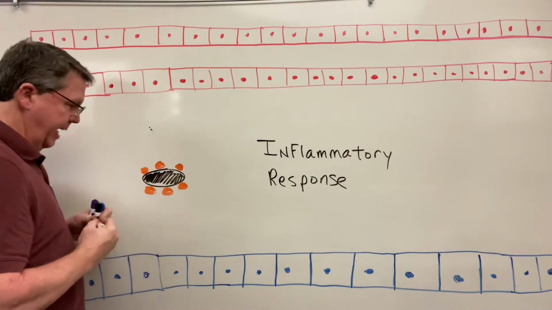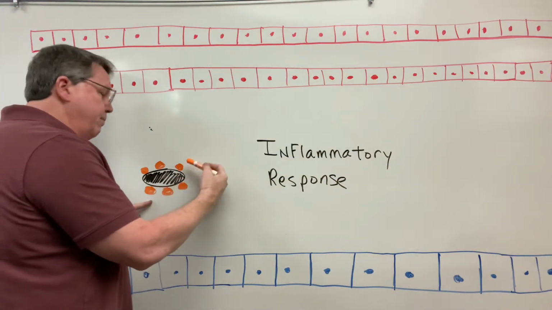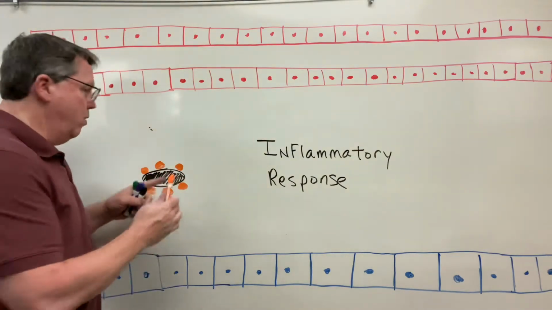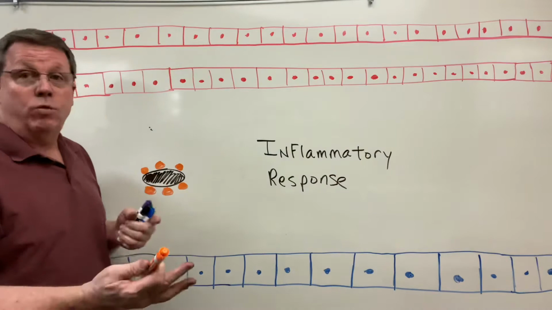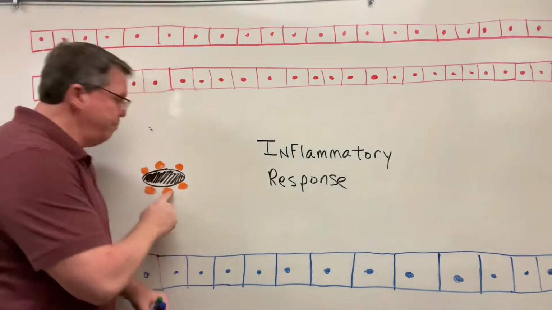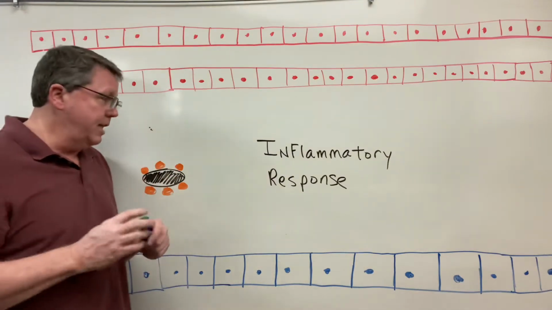So there's my antigens, the orange part. When my body sees these orange proteins, or they could be a lipid, or a protein lipid, it knows that this does not belong in this area, and it needs to get it out, or it needs to do something such as kill it.